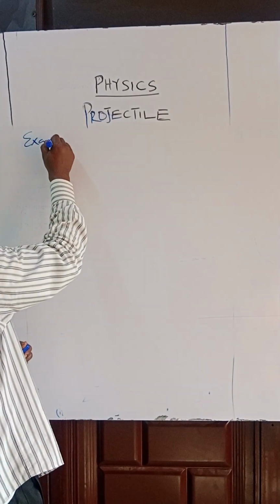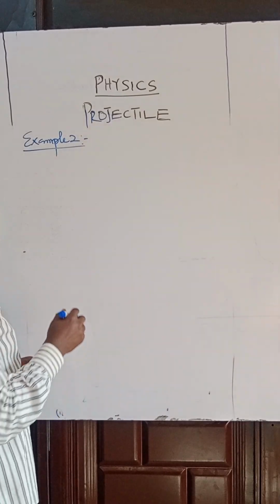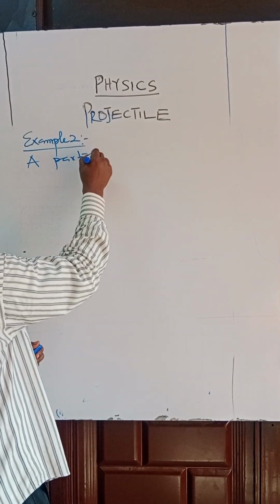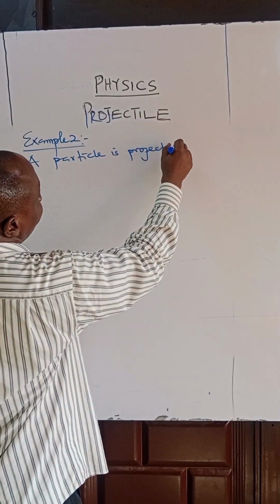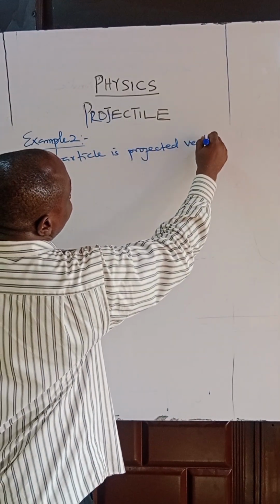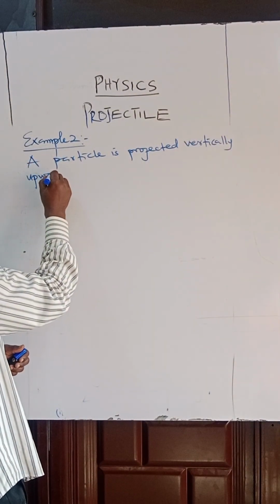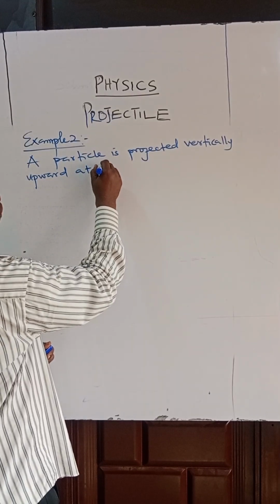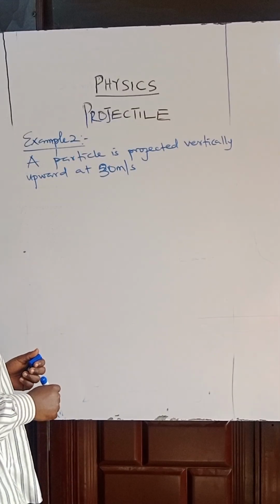So the next thing we are going to see is example 2. A particle is projected vertically upward at, let me use, 30 meters per second.